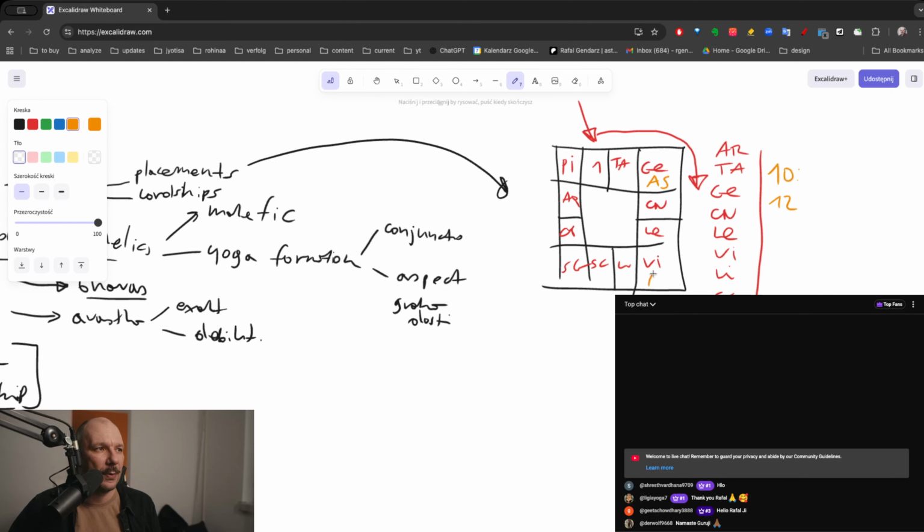For example, Mercury is here, and you can say, my ascendant lord is in the fourth house, because in the ascendant you have Gemini, Gemini is lorded by Mercury, and Mercury is in the fourth house. So this is basically how it works. Okay. Now there is also the diamond chart, right?